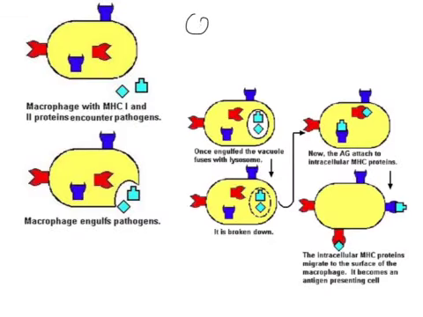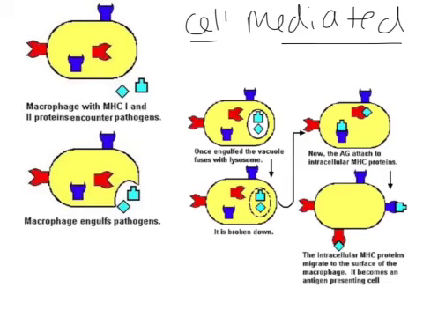In the beginning we mentioned that there were two types of responses for the adaptive immune system. It could be a cell-mediated or a humoral response. Let's focus first on the cell-mediated one. The first thing that has to happen here is that the antigen-presenting cells need to get activated.